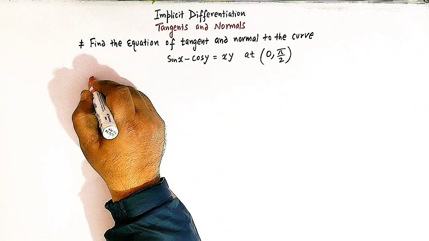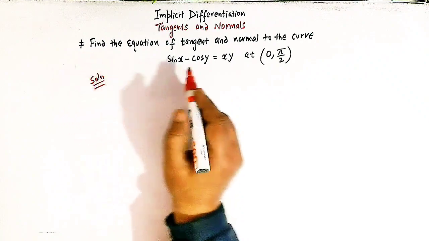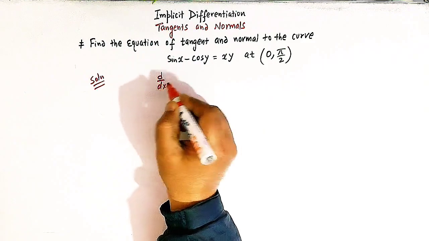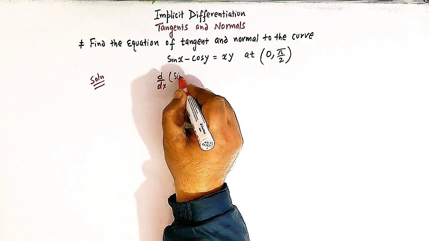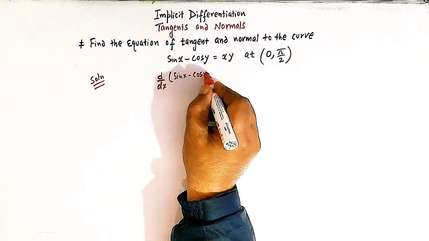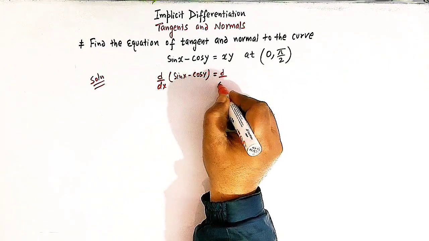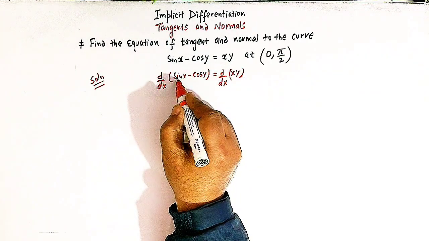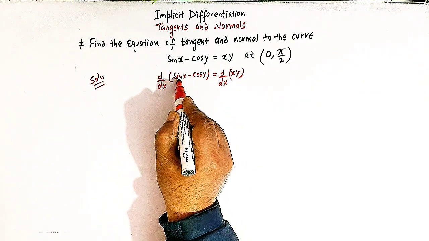So let us first differentiate both sides with respect to x. So we'll write d by dx of sin x minus cos y, and here we have d by dx of xy, right? Now see here we have the derivative of sin x.